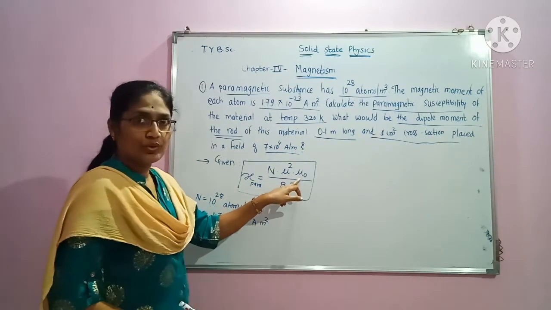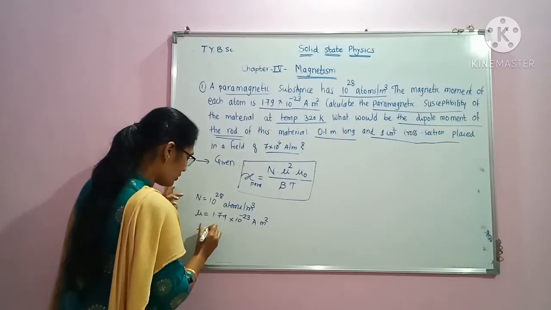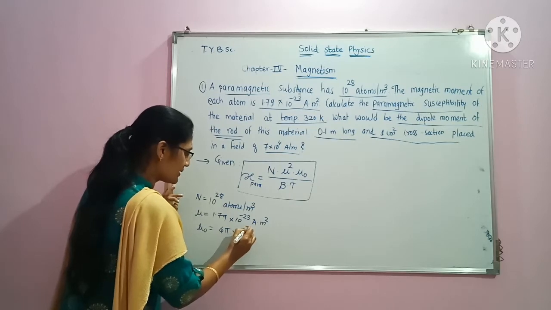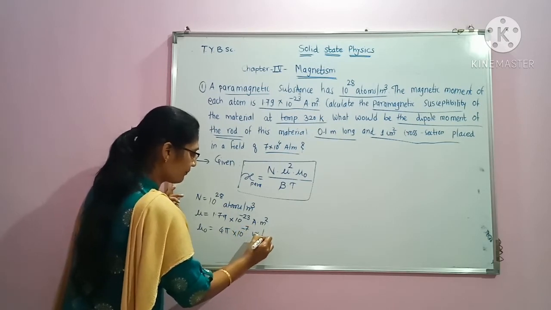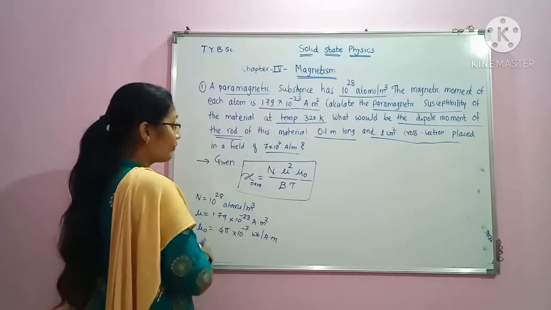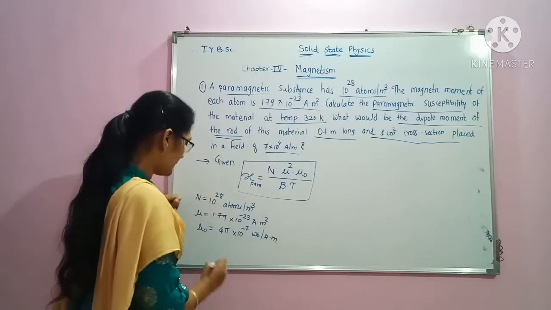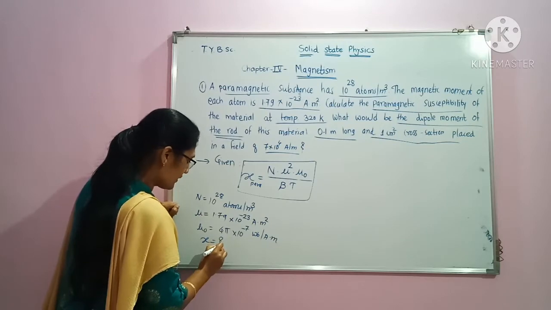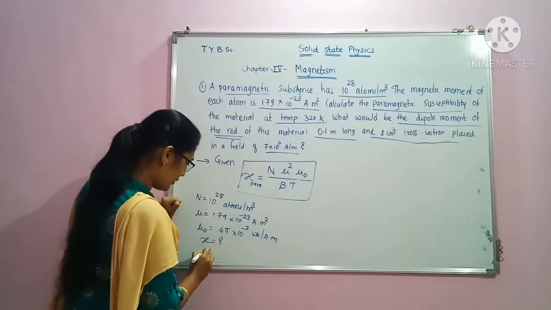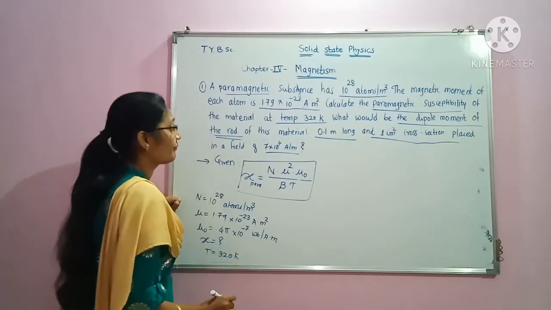Then mu zero is the permeability of free space, a constant, and its value is 4 pi into 10 raised to minus 7 Weber per ampere into meter. So this is the unit of mu zero. Then we have to calculate the paramagnetic susceptibility, and the absolute temperature is given as 320 Kelvin.